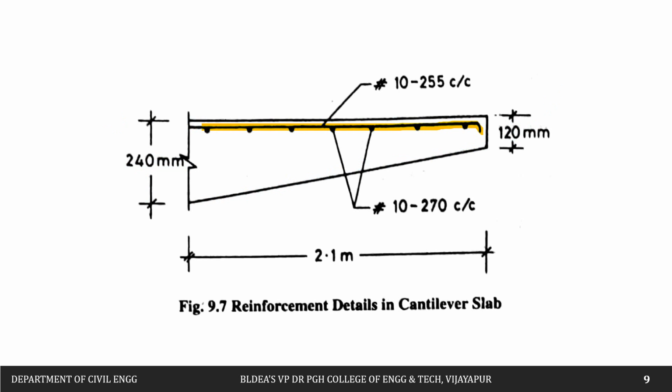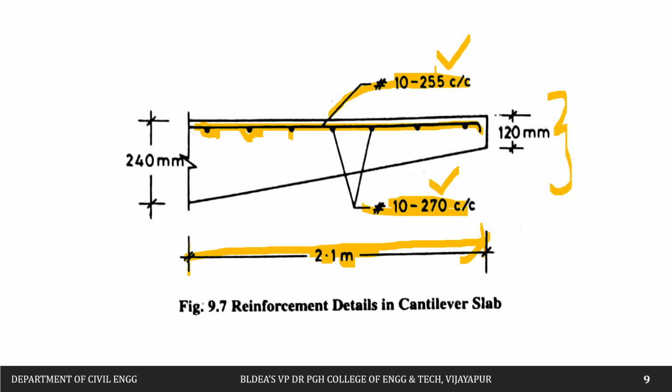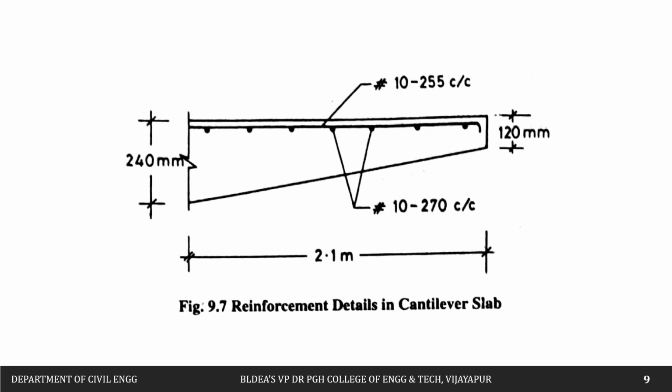Now you can see this is the main reinforcement, 10 mm diameter at 255 mm center to center. The circles you are seeing are the distribution steel, which is 10 mm diameter at 270 mm center to center. The length of the slab projection is 2.1 meters. This is the way we have to do the detailing of the slab.